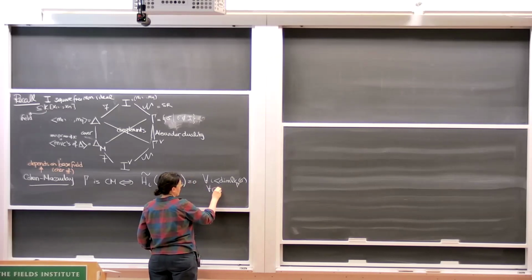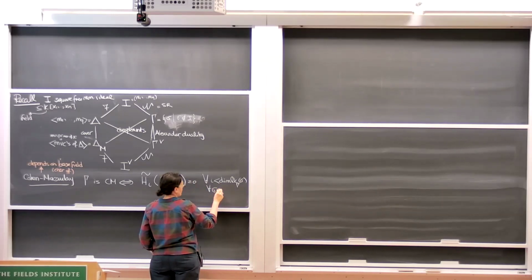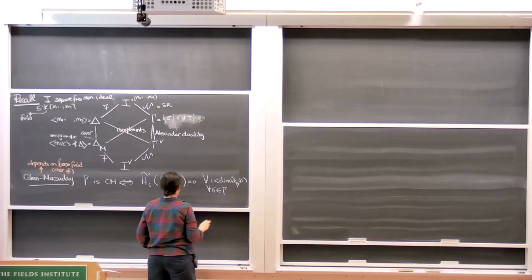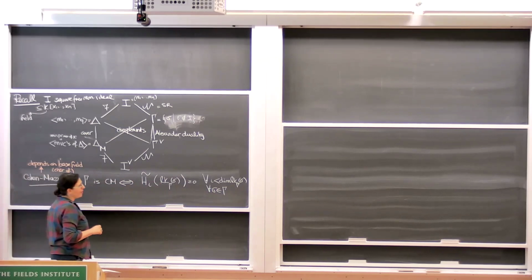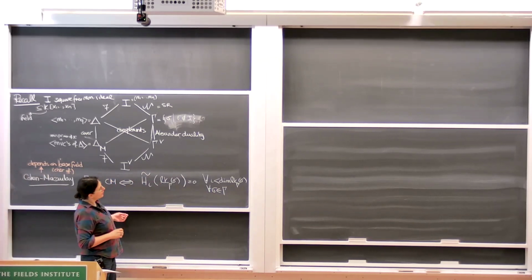And I think some of you, it was on the problem set, probably did try Reisner's criterion on a few examples. You always have to compute homology for it.